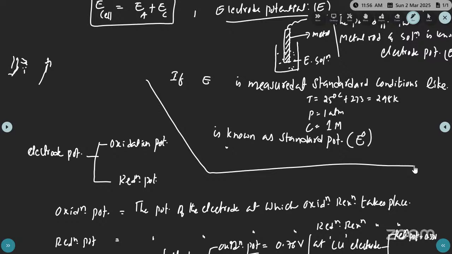So it is known as standard potential, that is E naught. And next to electrode potential, you have to write some points. Every electrode has two potentials.